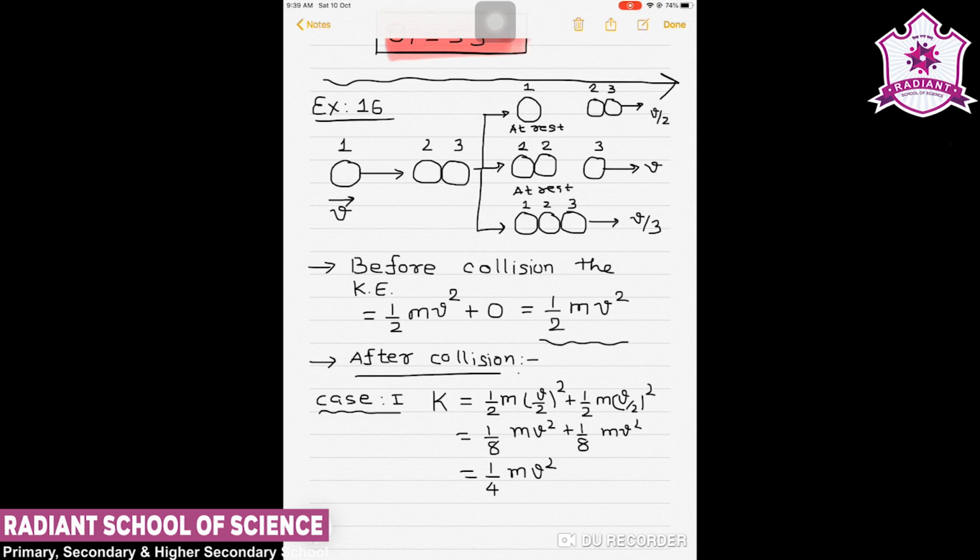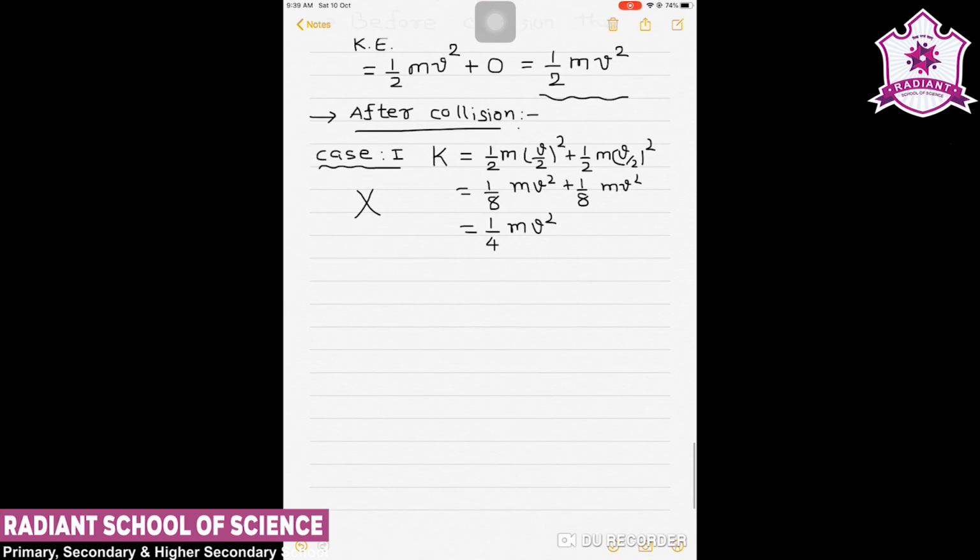In place of 1/2 it is 1 by 4. So case 1 is not possible.